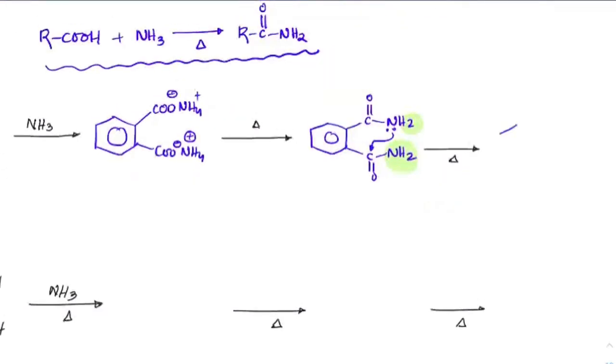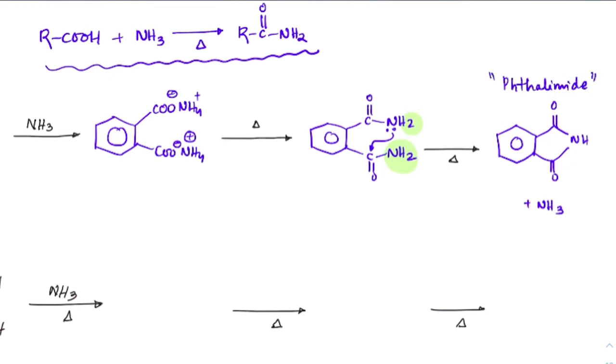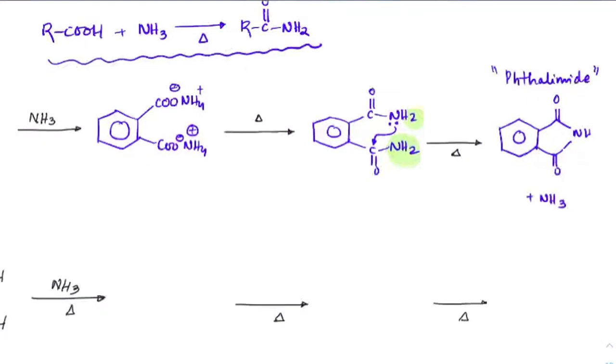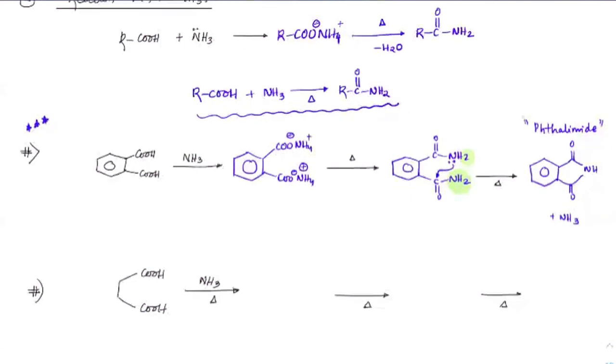Finally, the product which we will have is C double bond O NH, C double bond O, this plus NH3. What is this one? This is phthalimide. Phthalimide is a very important preparation because going ahead we'll have a lot of reactions of phthalimide. So remember how to prepare it. You take phthalic acid, react that with ammonia and heat it. On heating it, we'll get phthalimide.